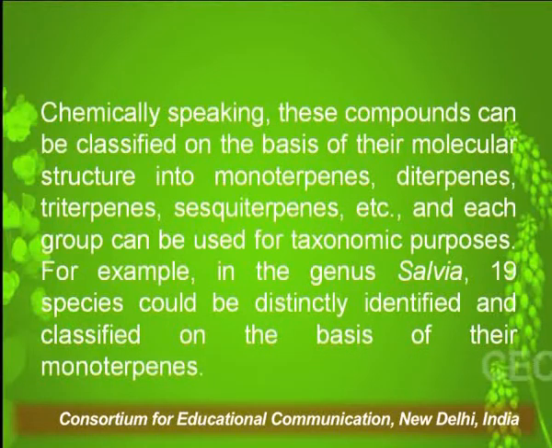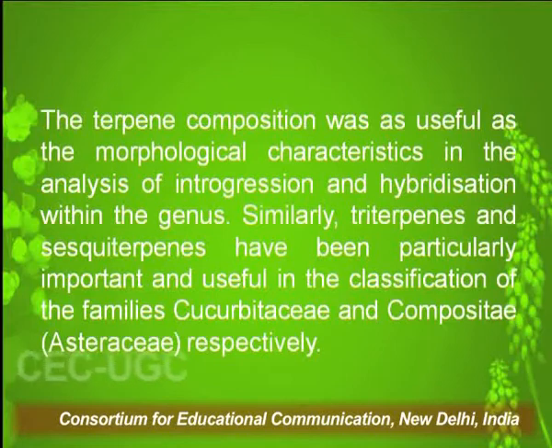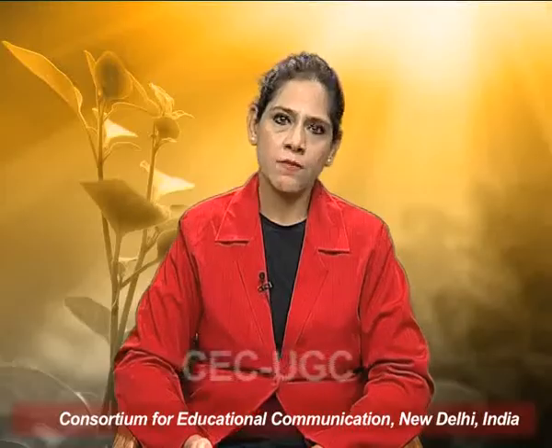For example, in the genus Salvia, 19 species could be distinctly identified and classified just on the basis of their monoterpenes. The terpene composition was as useful as morphological characteristics in the analysis of introgression and hybridization within the genus.